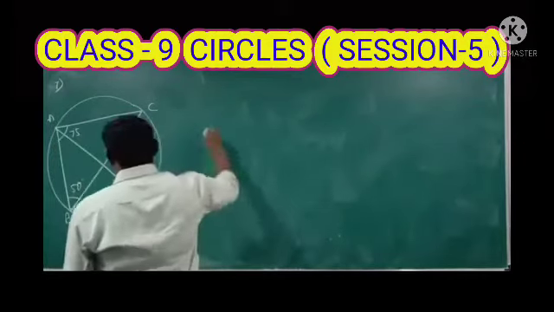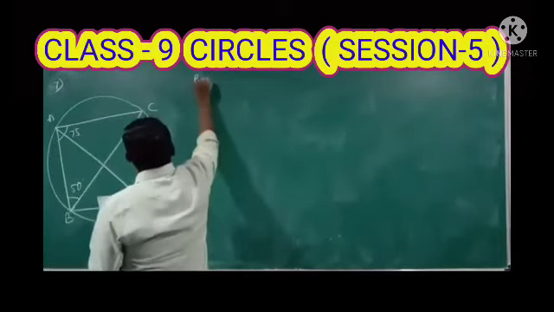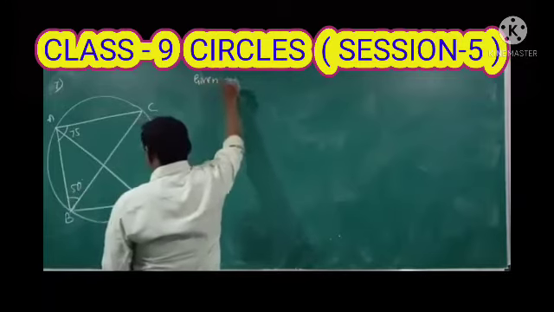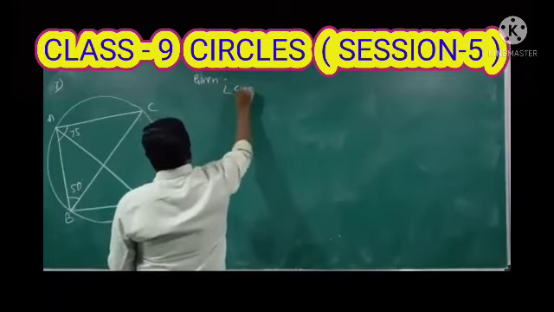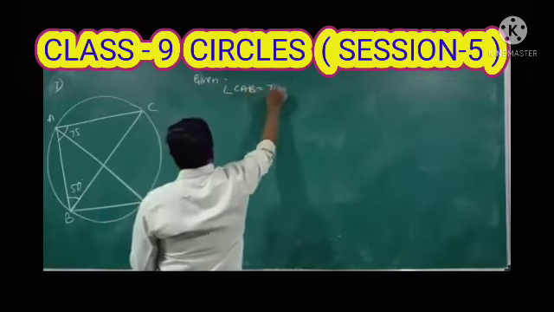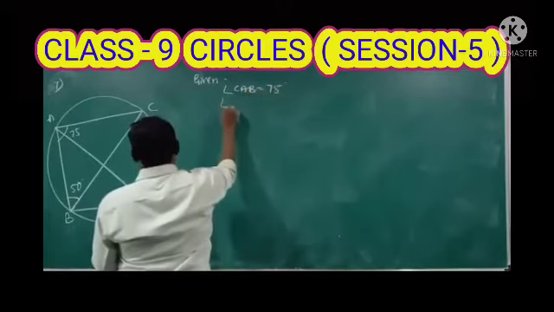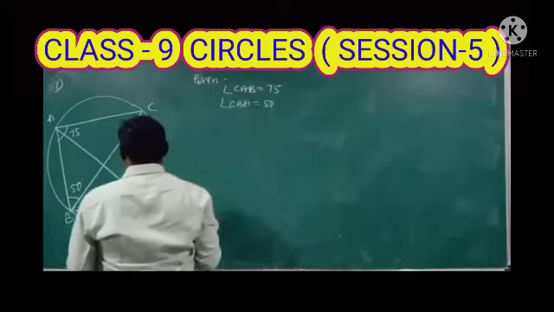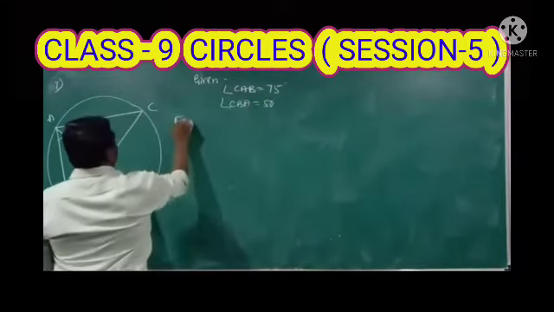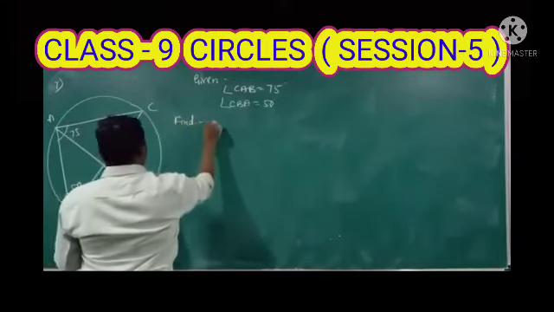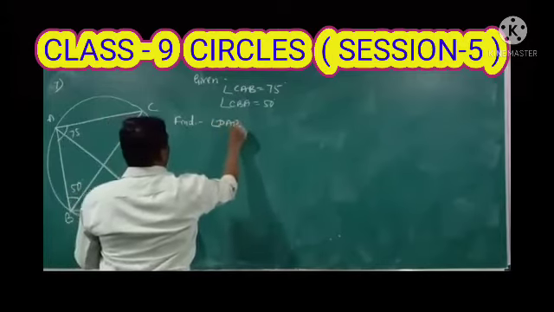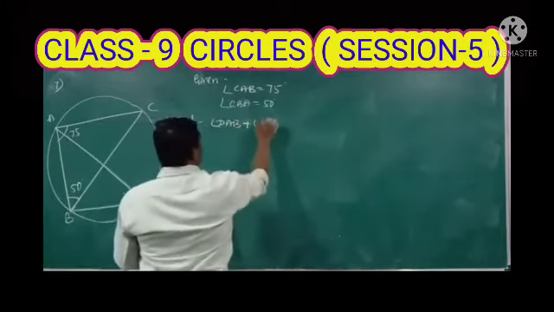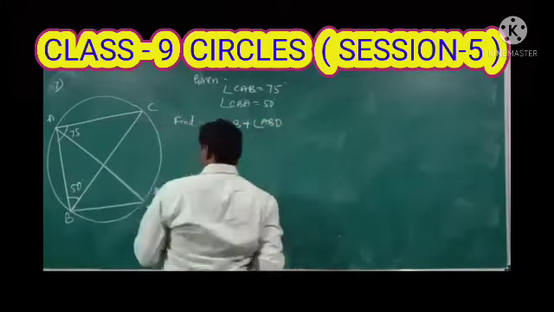So what are the given data? First write the given data. Given data are angle CAB is equal to 75 degrees, angle CBA is equal to 50 degrees, and you need to find the angle DAB plus angle ABD, right?